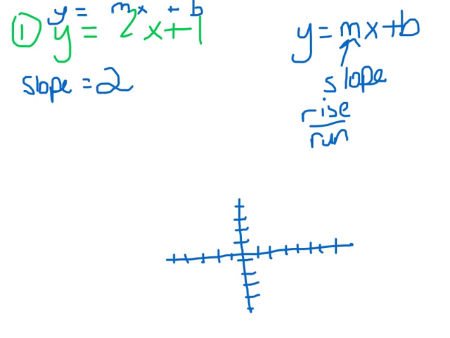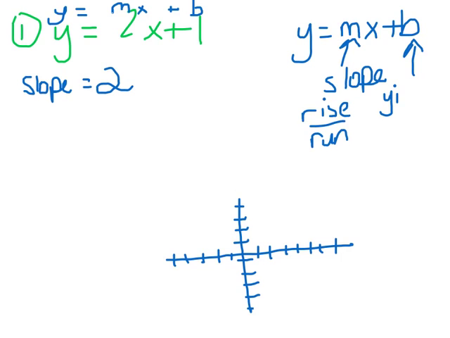I know the slope is 2, but I can't even start graphing it because don't I have to have a starting point to count slope off, right? So what am I going to do if I've got a slope of 2, but I don't know where to start counting? Well, that's what the b is, right? The b is, we call it the y-intercept.